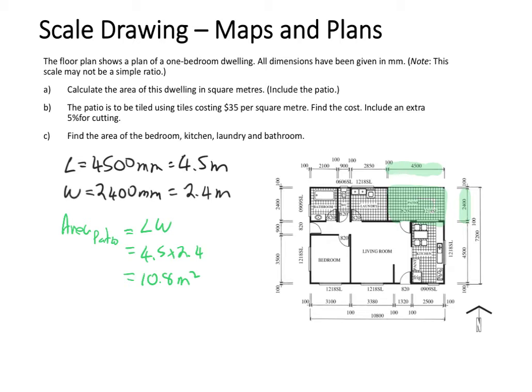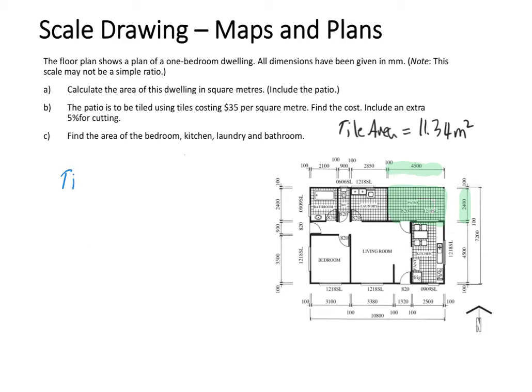I need to allow for a 5% wastage. So my tile area is going to equal 10.8 times 1.05, which is 100% plus 5%, equaling 105%, converted into a decimal 1.05. So that is going to equal 11.34 meters squared. So the tile area that I need tiles for is equal to 11.34 meters squared.